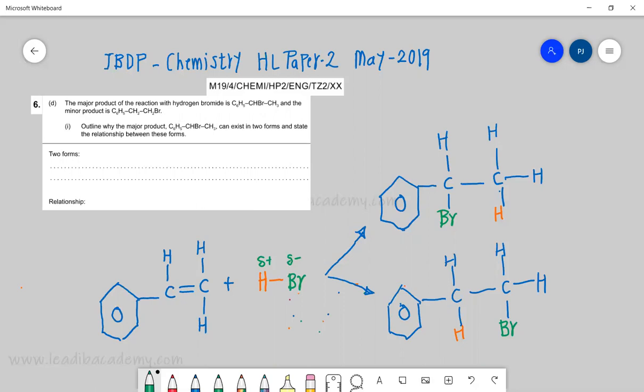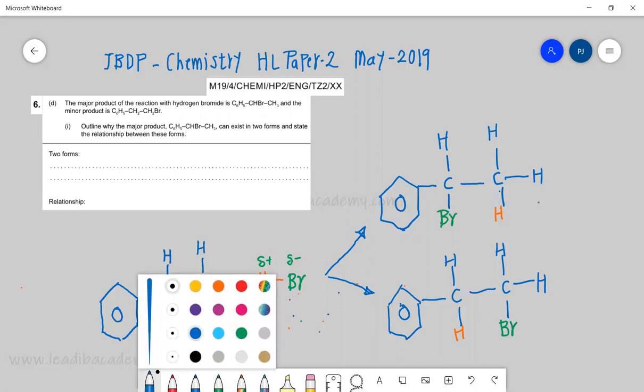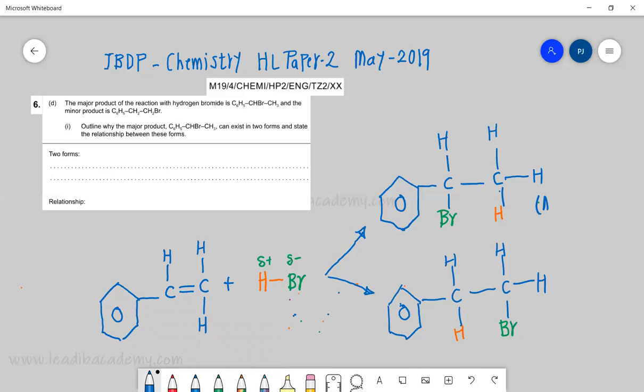First of all, we need to mention which is the major product. This is going to be the major product, and this is the minor.